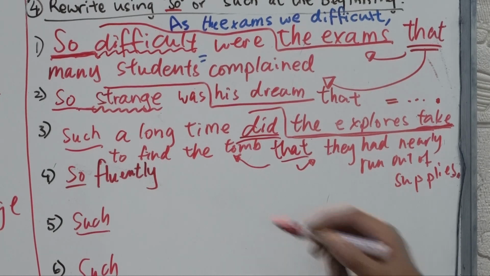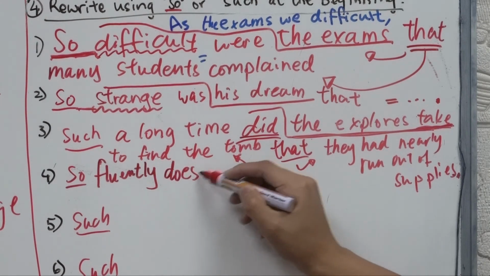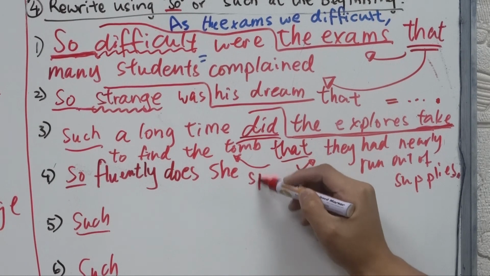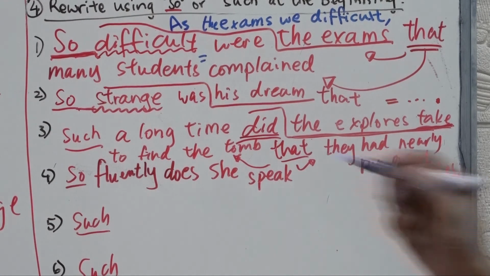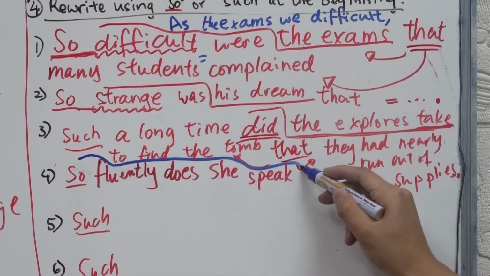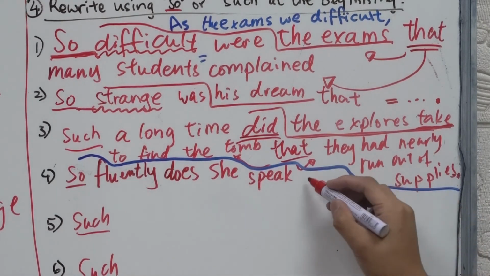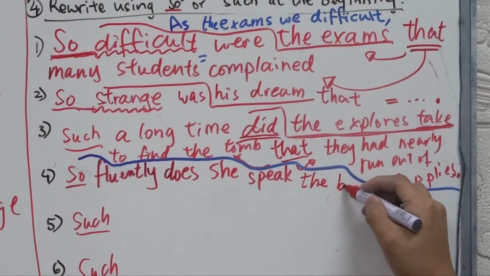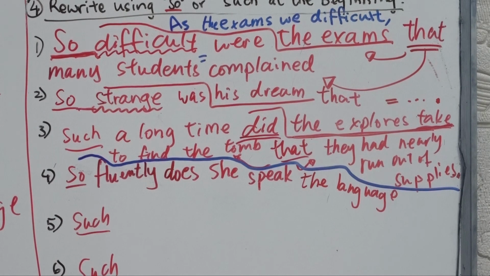Speaks, right? So speaks will become does she speak. Let me just draw a line so we know that this is separate here, okay? So fluently does she speak the language. Okay? From the original part is, many people think she's English because she speaks the language so fluently.